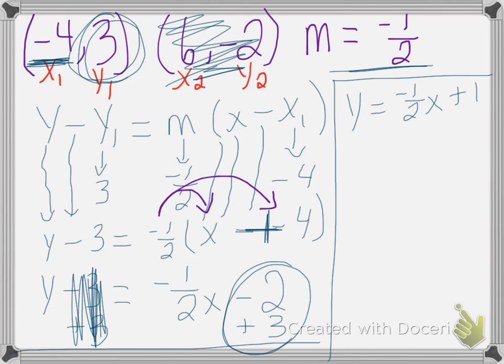There we go. You know your m is negative 1/2. You know your b is 1. On the next page, we're going to fix it and make it standard form. y equals negative 1/2 x plus 1.